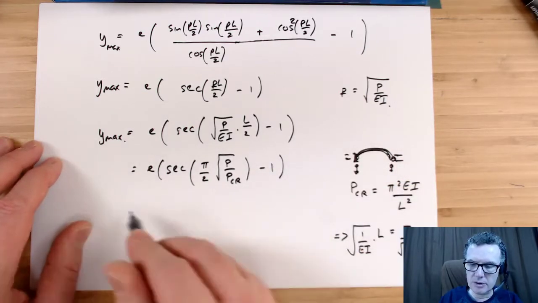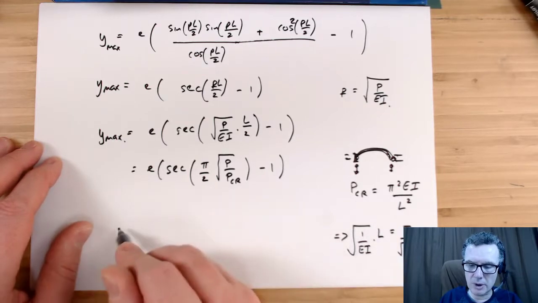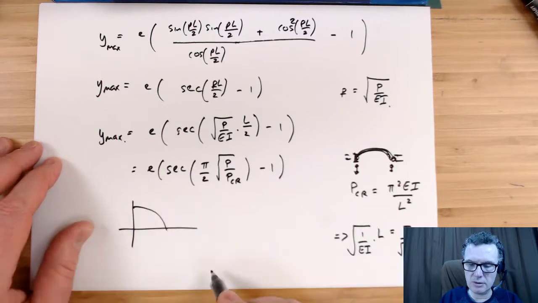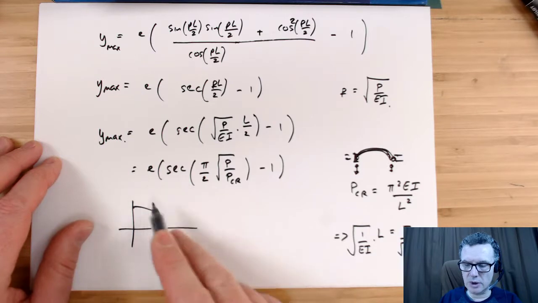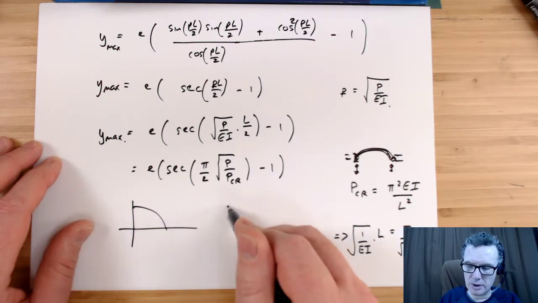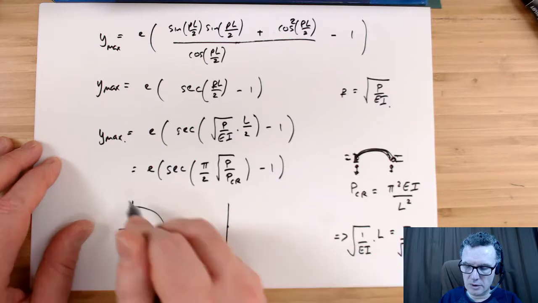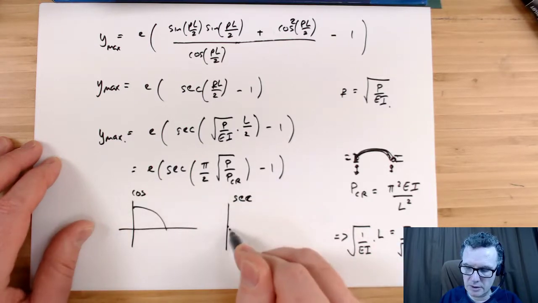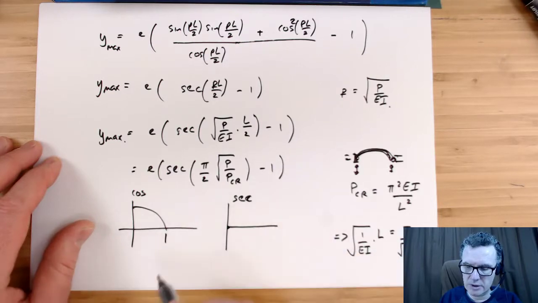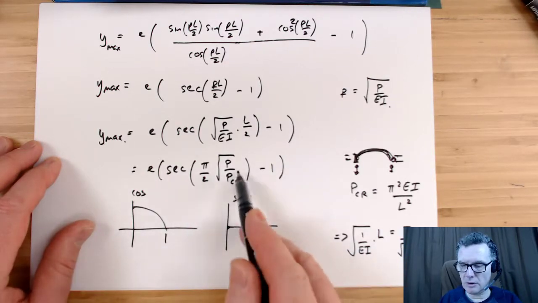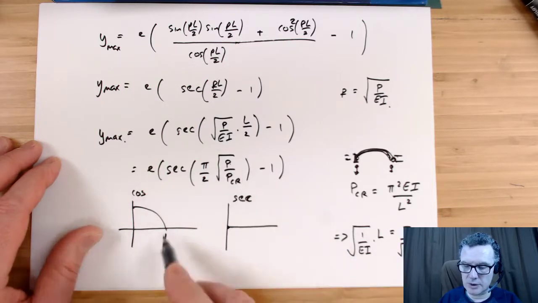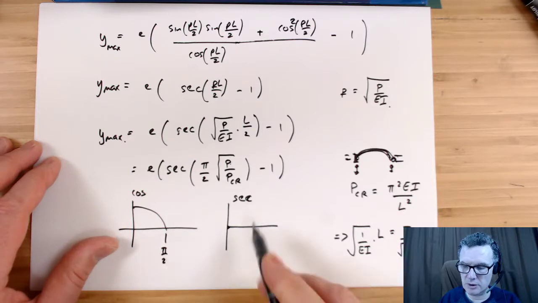Just have a quick look at what we expect from 1 over cos take away 1. What will that look like? Well, cos looks like that. So sec is 1 over cos. So this is cos. This is a sec. So when you hit that, this is 1, so this obviously happens at pi over 2.